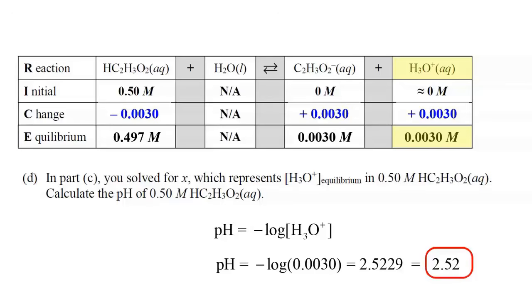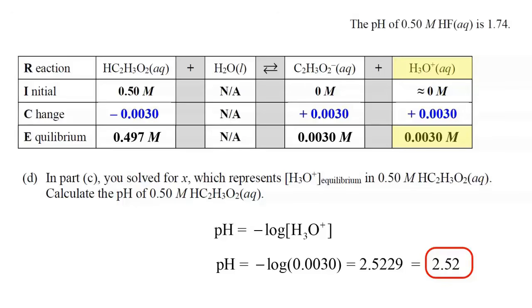Now remember that earlier in part A of this question, we had made a prediction that the pH of 0.50 molar acetic acid was supposed to be higher than the pH of 0.50 molar hydrofluoric acid.